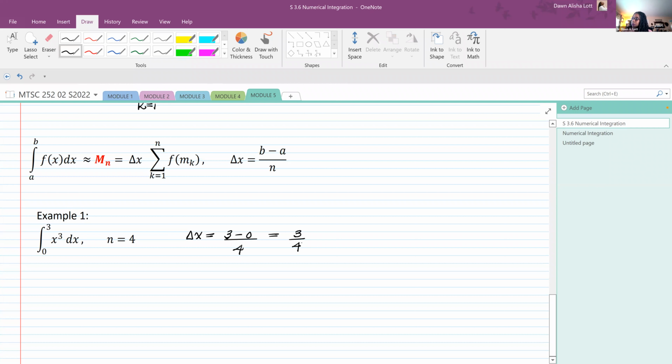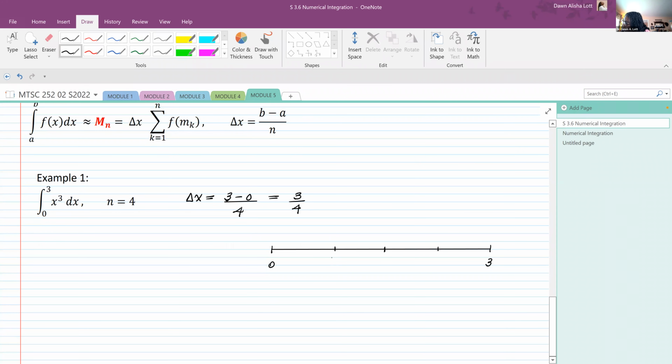That means I take this length from 0 to 3 and divide it up into 4 subintervals. The first one is 3/4. Add 3/4 to that gives me 6/4. Add 3/4 to that gives me 9/4. And add 3/4 to that gives me 12/4, which is 3.